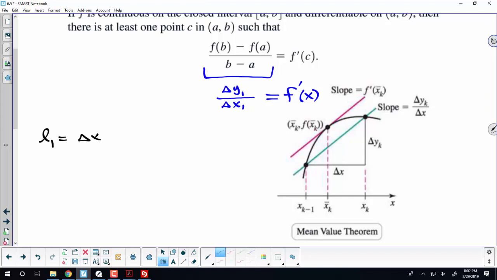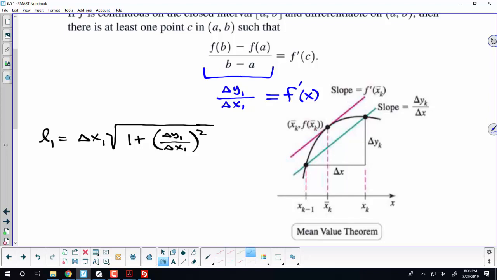So from the previous page, we had L1 was delta x1 times the square root of 1 plus delta y1 over delta x1, and then that was squared. So slope squared, according to the mean value theorem, our function is continuous on some interval, and the derivative exists, then we're simply going to call this delta y over delta x f prime, because according to the mean value theorem, somewhere it is the same thing.